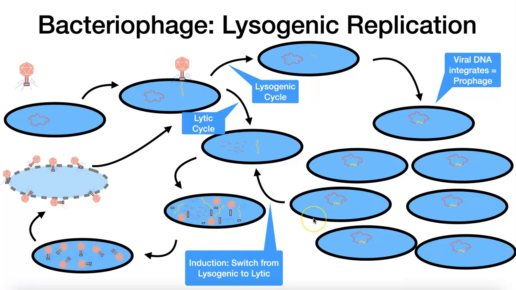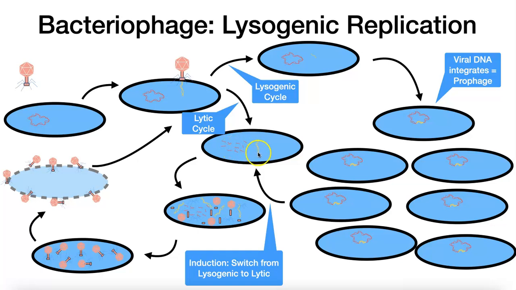Induction is that process of switching from the lysogenic replication pathway to the lytic. And what that means is that the viral piece of DNA is going to start to synthesize viral parts, including some enzymes that start to cut up the chromosome, so the bacterial chromosome gets destroyed, and that piece of viral DNA is now separate from the rest of the bacterial DNA.